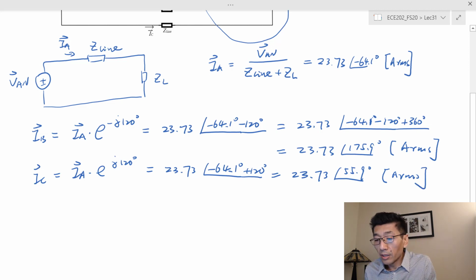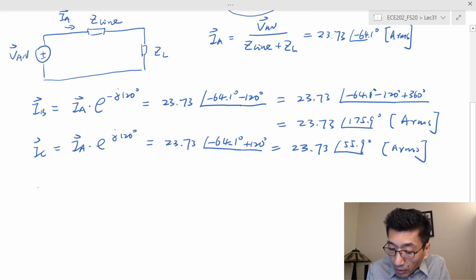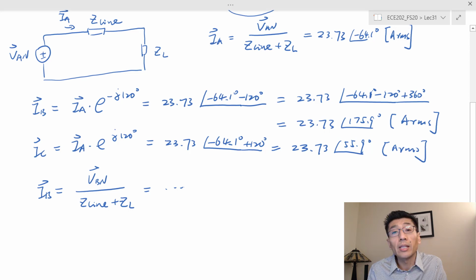Again here, this approach will have the risk of carrying over the error you may have with IA, right? So if you don't want to risk that, you could alternatively calculate the IB just like you did, so that would be VBN divided by Z line plus Z sub L. By doing this, you will get the same answer, right?